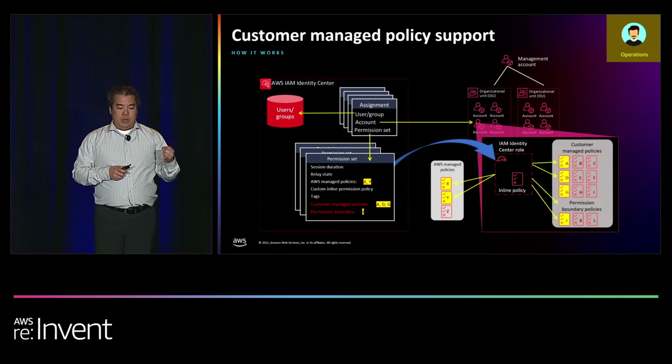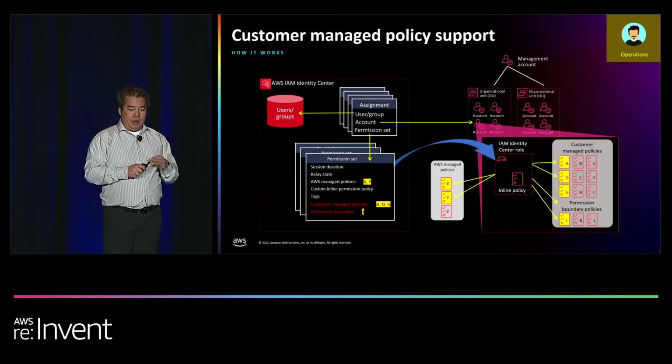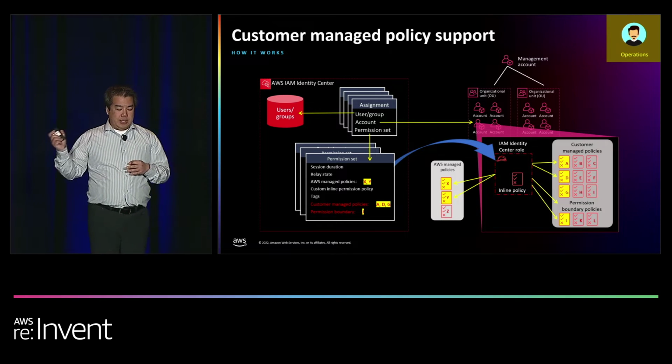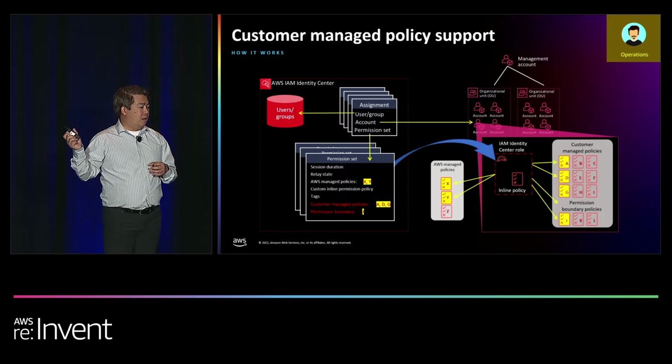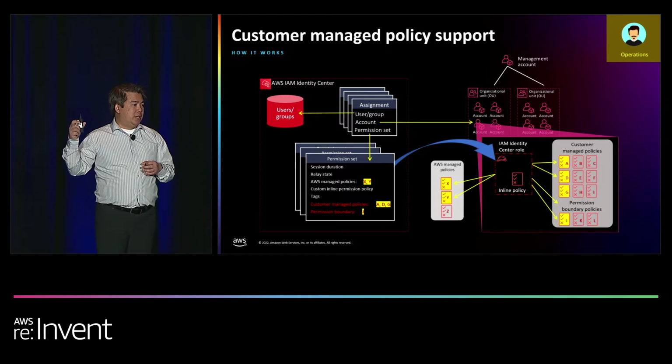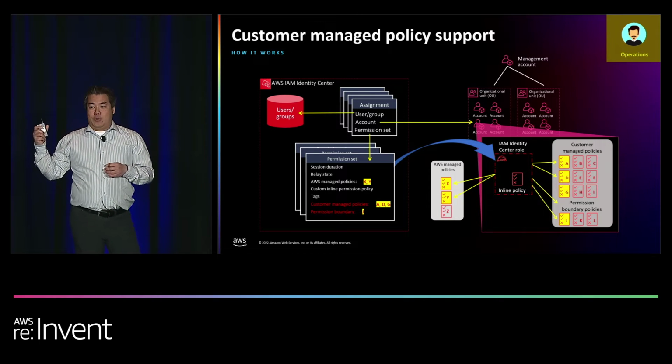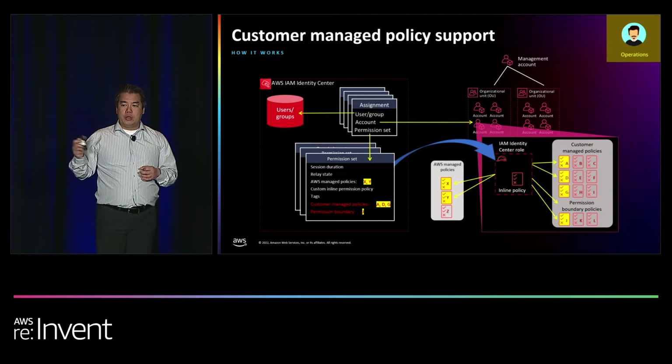I'm going to use that as an assignment with a user or group, account number, and a permission set. And as you can see in the middle, inside that account, we've created an Identity Center managed role. This role exists inside the account. These roles are immutable. They're managed. You cannot alter them. You cannot delete them. And they are fully controlled by Identity Center.